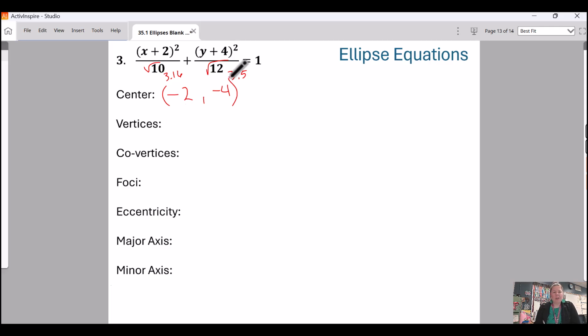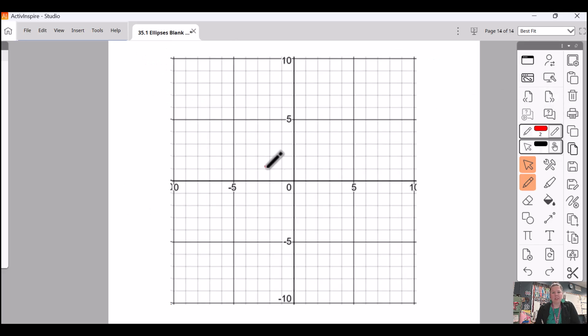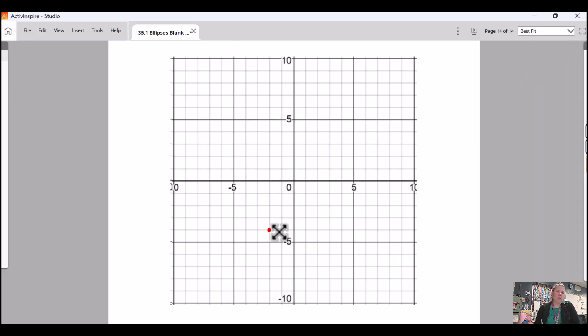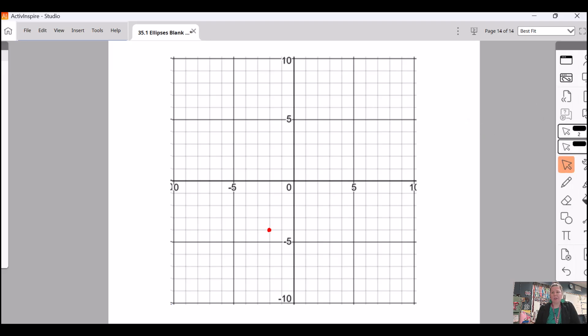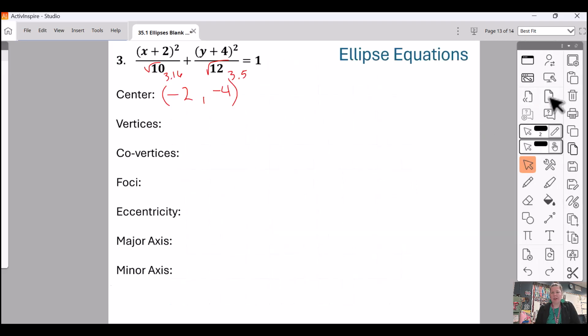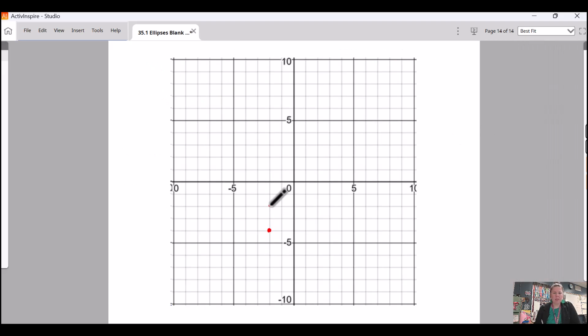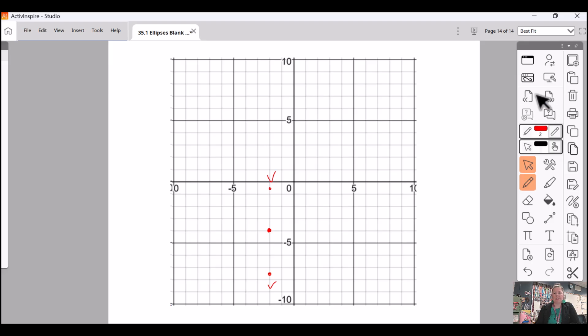And so my vertices are going to go up and down from -4. Like I said, if it's easier for you to do the graph, from here I'm going up 3.5, and down 3.5. And so here's a vertex, here's another vertex, and the other distance I'm going to go is 3.16.